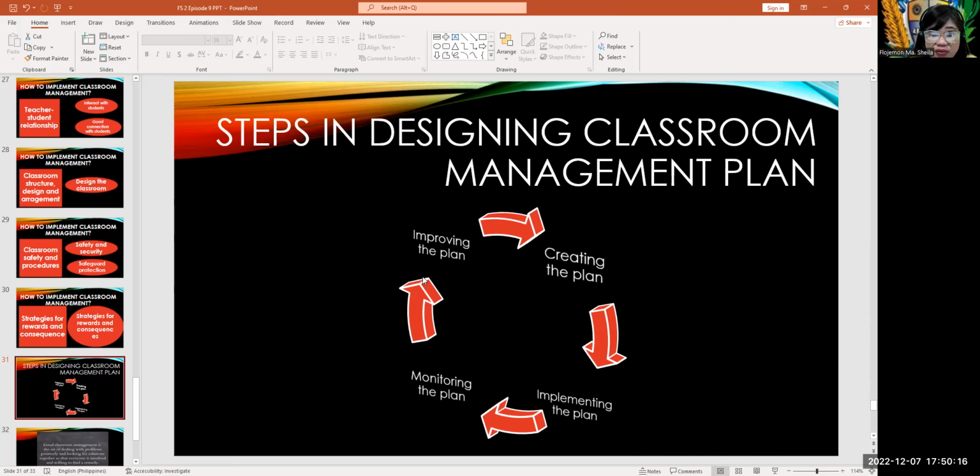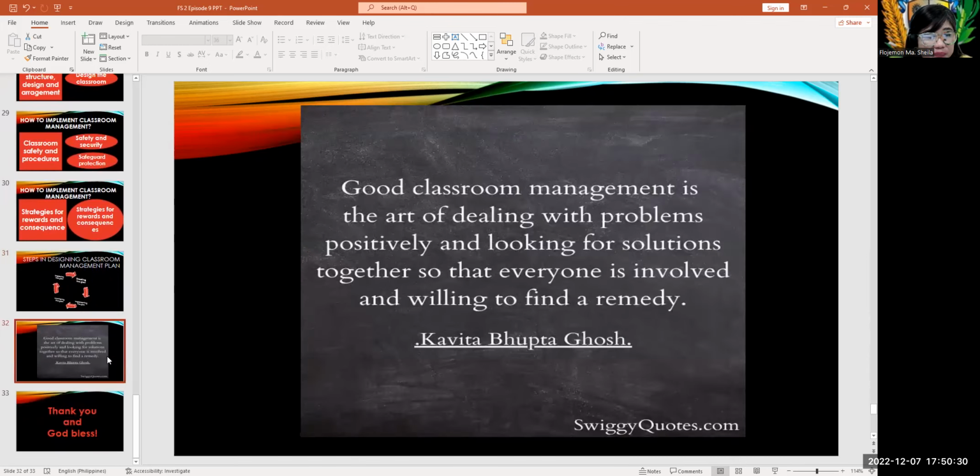So instead of starting from scratch, you have to really implement the plan, especially for what is most needed in the classroom, in the application of your management plan.